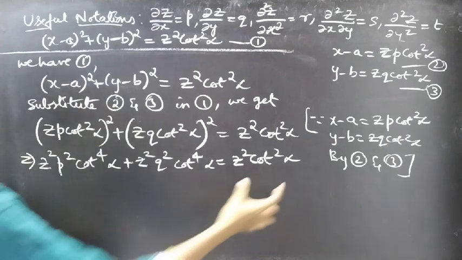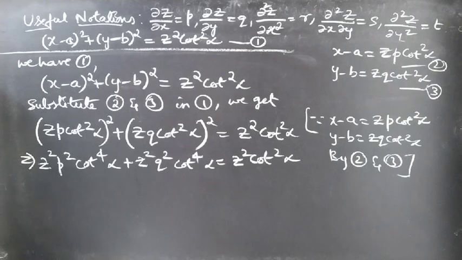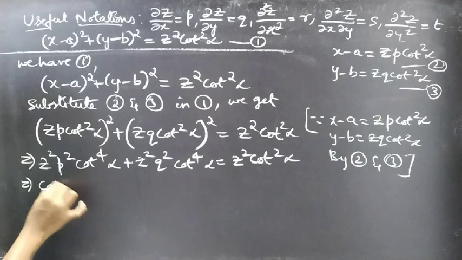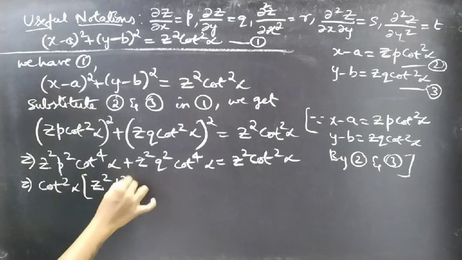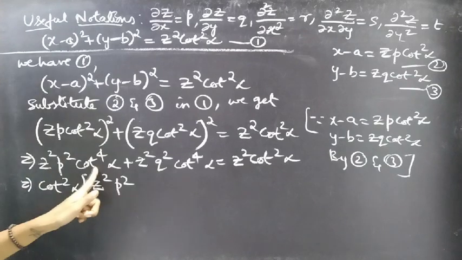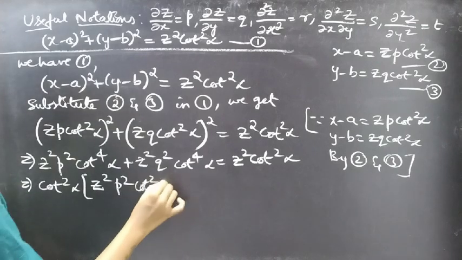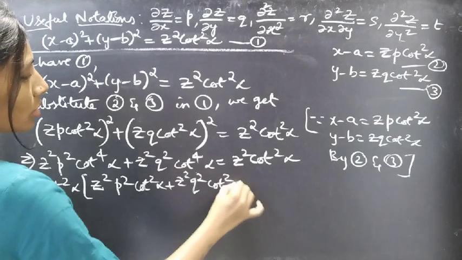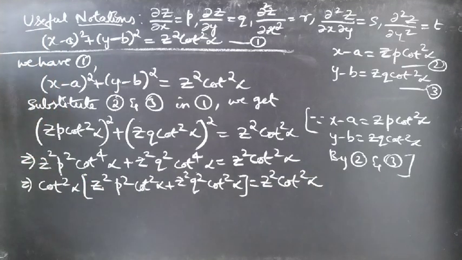If you notice, we have cot square alpha on the RHS and cot power 4 alpha on the LHS. So let's take cot square alpha common from these two terms, then you'll get cot square alpha into z square p square plus z square q square cot square alpha equal to z square cot square alpha.